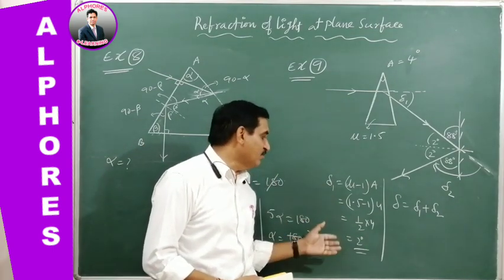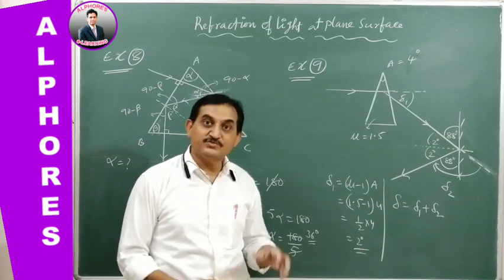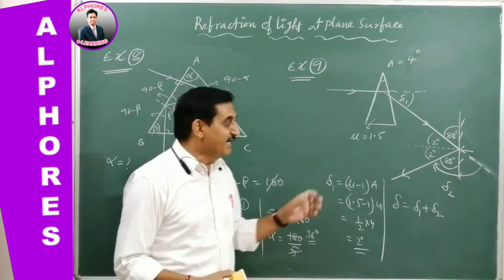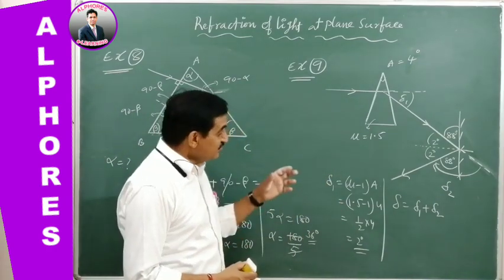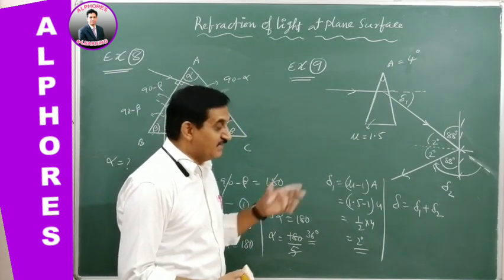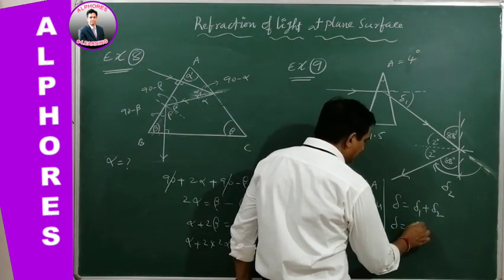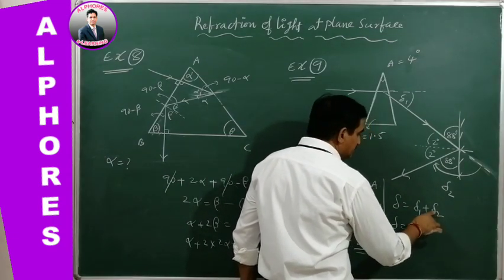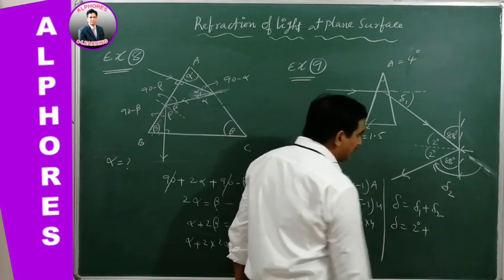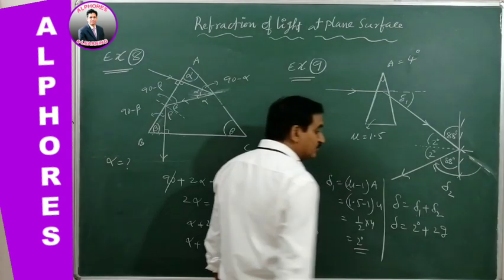So delta 1 is how much? Here 2 degree. That is due to refraction of light through the small angled prism. Delta 2 is due to reflection of light, which gives the deviation delta 2. So let us find them. Delta equals 2 degree, already calculated, plus delta 2, which in terms of glancing angle is 2g.